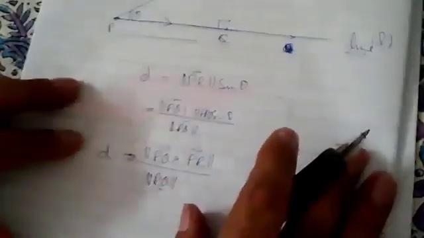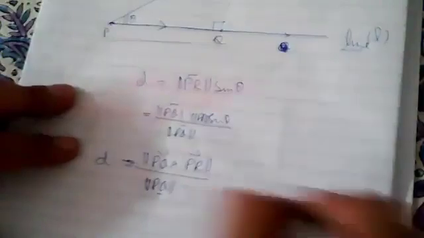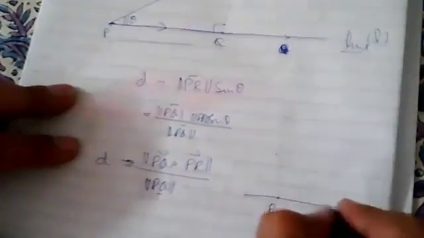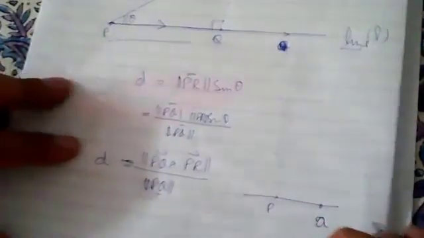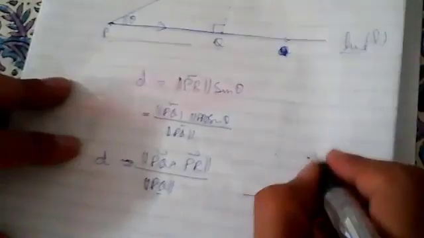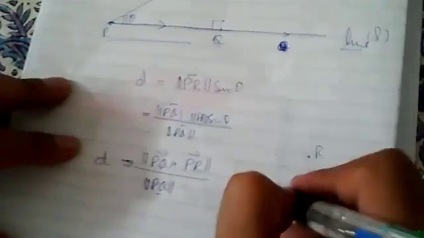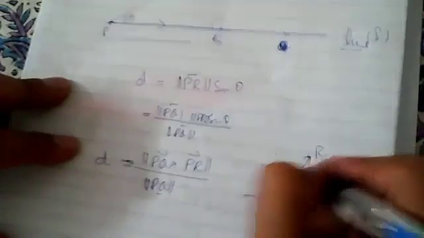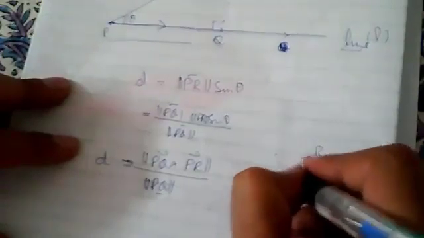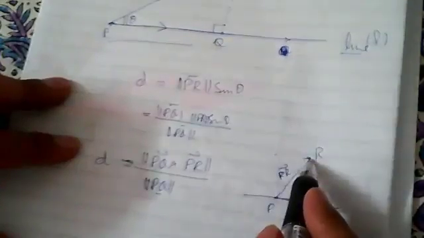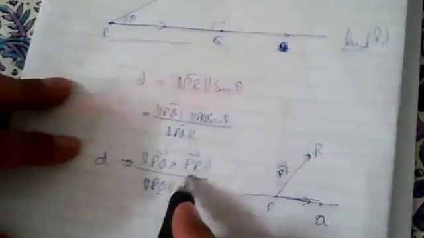So P and Q are on the line, and this is a point R. First take the vector PQ along the line, then the vector along that point whose distance from the line we have to find, over the magnitude of it. This is the formula of the distance of the point from the line.